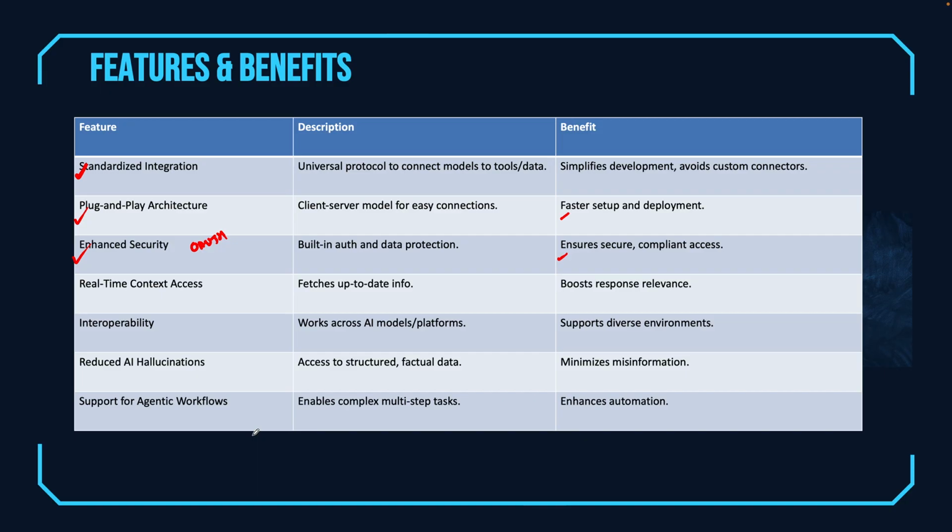Now, as I told you, the limitation with LLMs was that they were trained up to a certain period of time, right? And if you tried to access any real-time information or recent data, the LLMs were not able to provide it. This is where MCP came in handy, because it helps you fetch up-to-date information. Today you can easily connect to a database. You can connect to a third-party API.